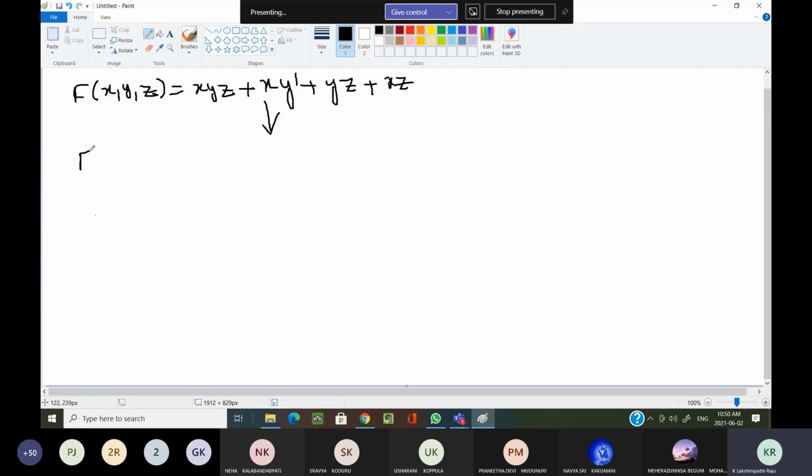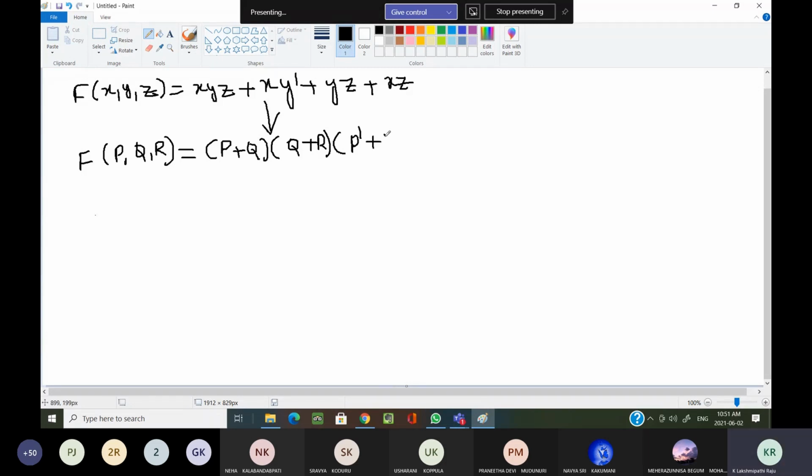Write down one more expression. f of PQR equal to (P plus Q) into (Q plus R) into (P dash plus R).